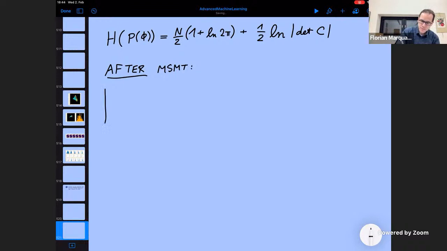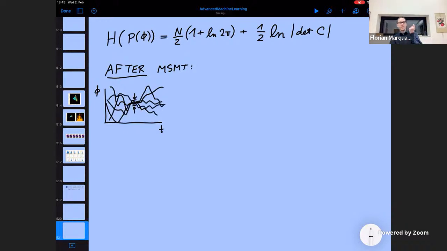So intuitively, what happens is, of course, if I measure and I find that the value at a certain time is within some small interval that I depicted here, then, of course, all the processes that are still compatible with this observation must go through this small interval. So they must look like this or like this. So there will be many random processes still possible, but they all have to go through this interval that was decided by my measurement resolution, so to speak.